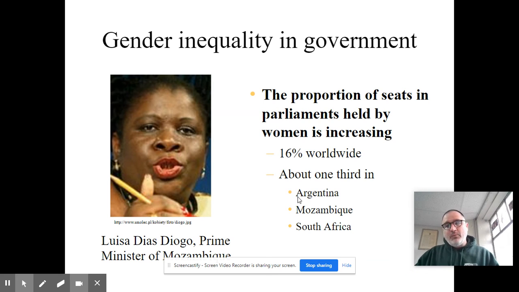In government, we obviously are seeing more and more women in government. But again, in 2005, when this PowerPoint was created, Argentina, Mozambique, and South Africa were leading the world in women in government. And this obviously changed. And as I said at the beginning, some of the material in the folder that you will reference will show the growth in this. But I'm just trying to give you a snapshot of 2005.